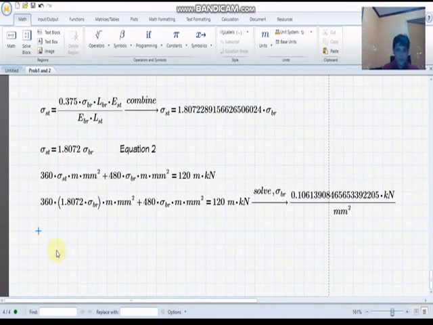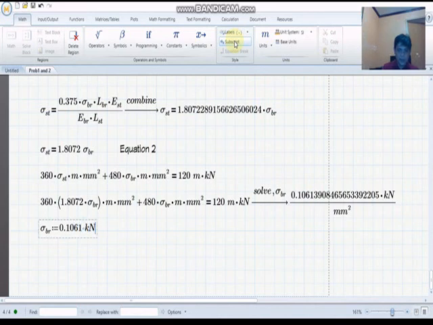Let's see. So the stress in the bronze is equivalent to 0.1061 kilonewton divided by mm squared.